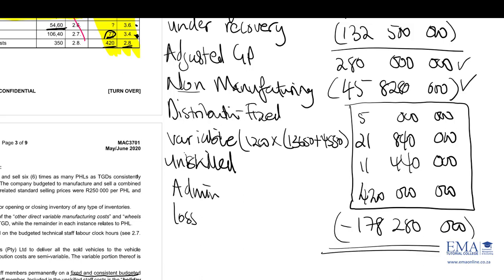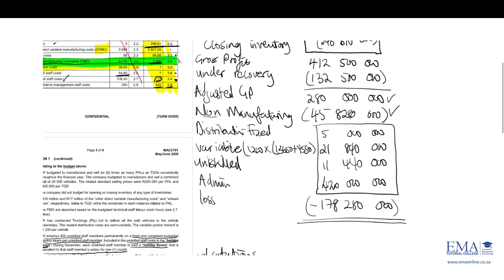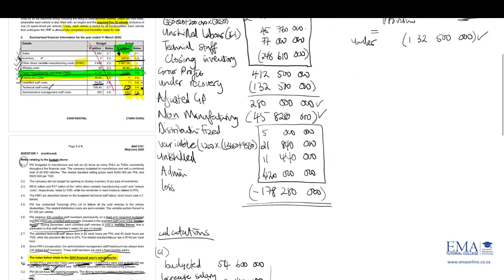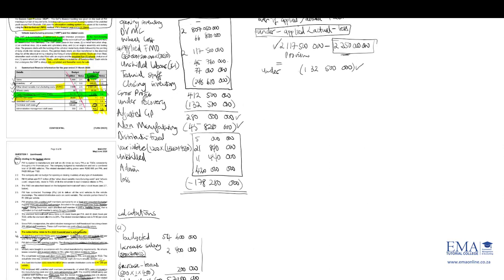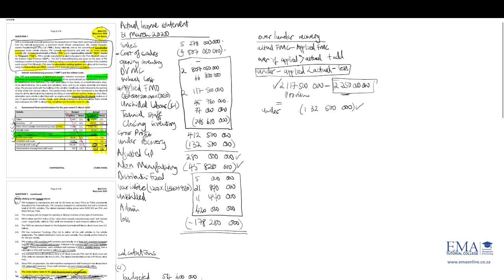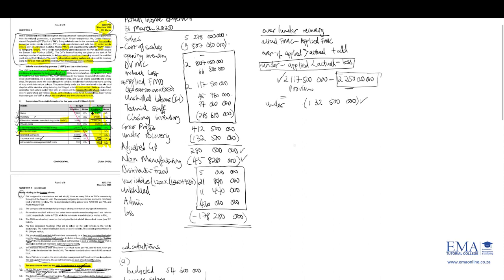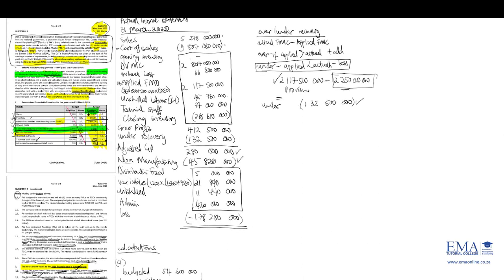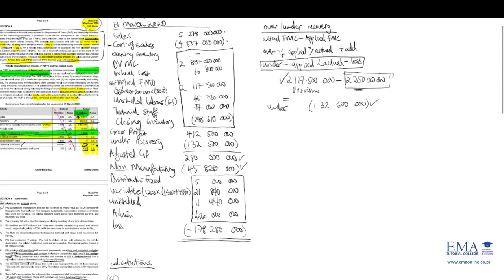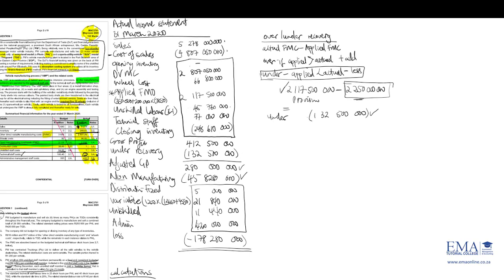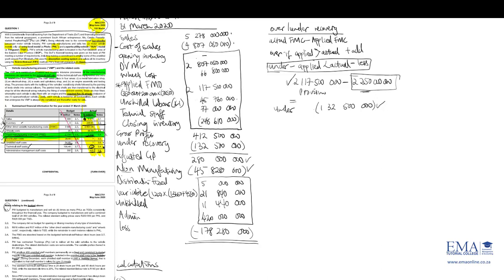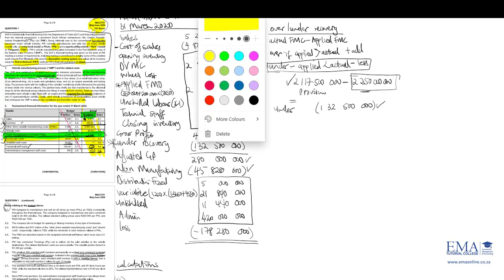Okay, so that is basically what you were required to do in this question. So this is the whole question. This is the actual statement, and this is what you were required to do. I'm just going to do another video where I explain to you applied overheads, and then I also explain how to get under or over recovery, so that you can familiarize yourself with how to get this amount.